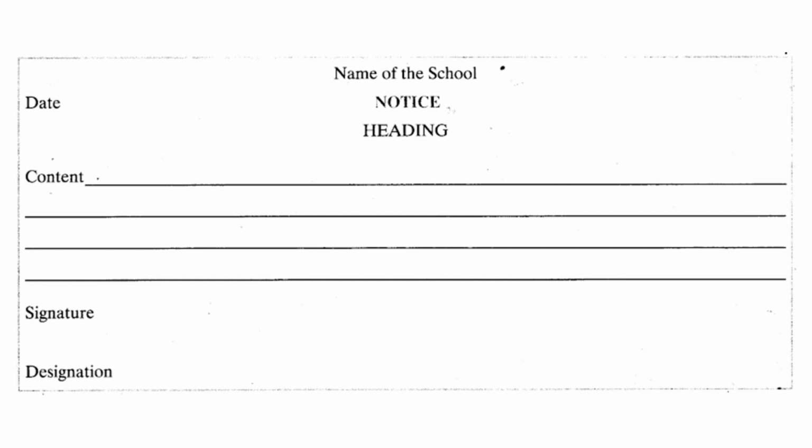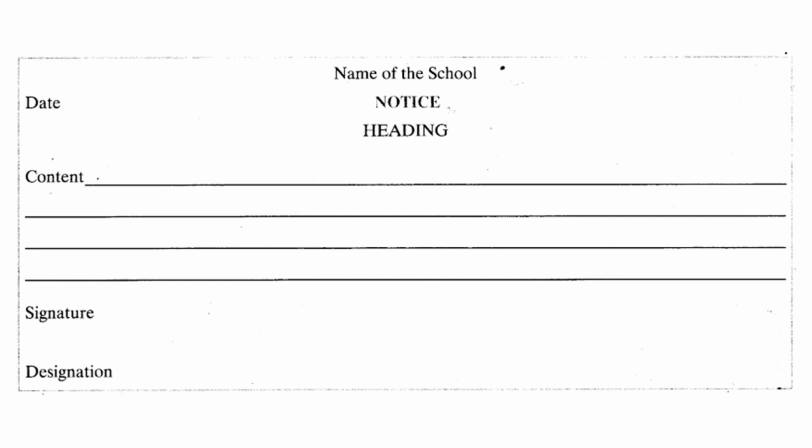On the left hand side of the notice, you have to write the date of the very day when you are writing the notice. It should be followed by the heading or the subject, that means the heading of the notice. After leaving a line, you have to start writing the content of the notice.